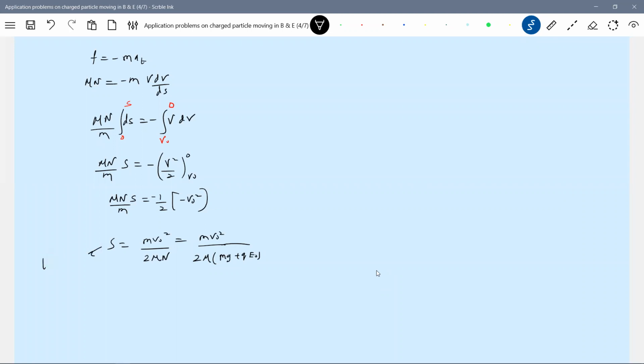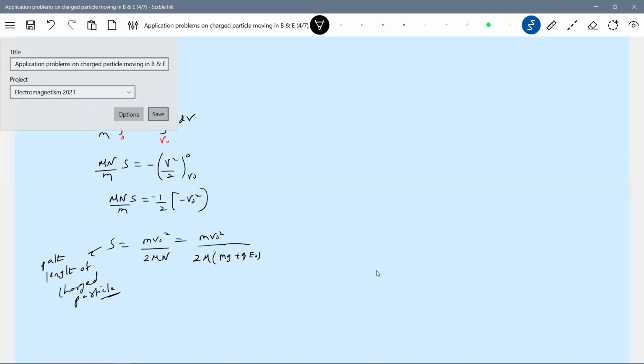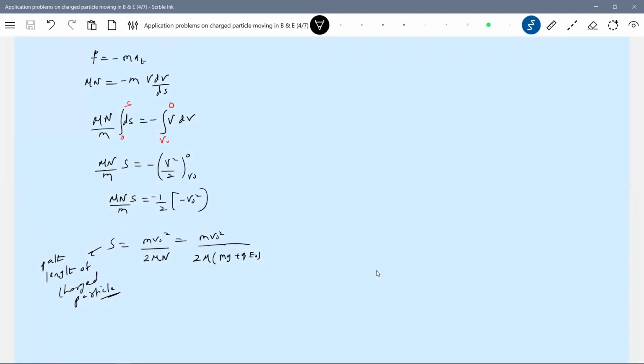Path length, just write path length of charged particle. Okay, so there are many ways. You have to really go back to all your basics. Even for me also it is applicable, not only for you. I should not try to do any very big research.